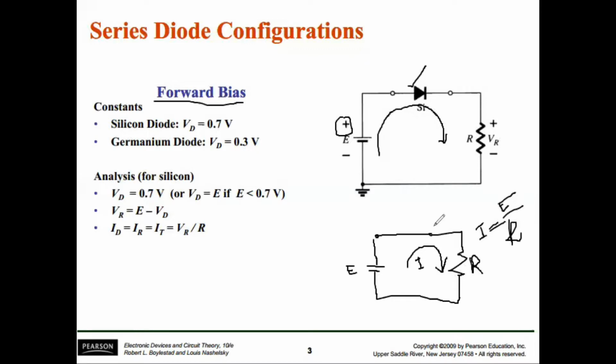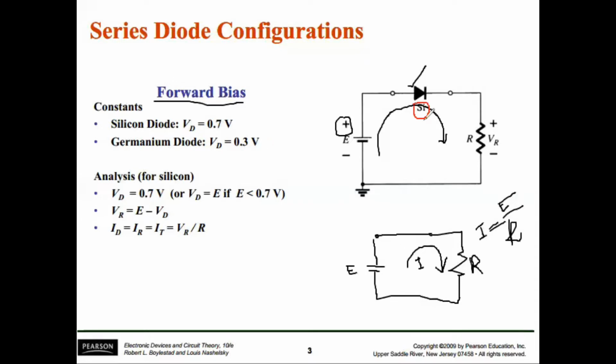If this is not the ideal scenario, and we now have a silicon diode, as written here, every silicon diode has some potential drop across the diode in a real world scenario. In that case, VD will be equal to 0.7 volts, and for germanium that would be equal to 0.3 volts.